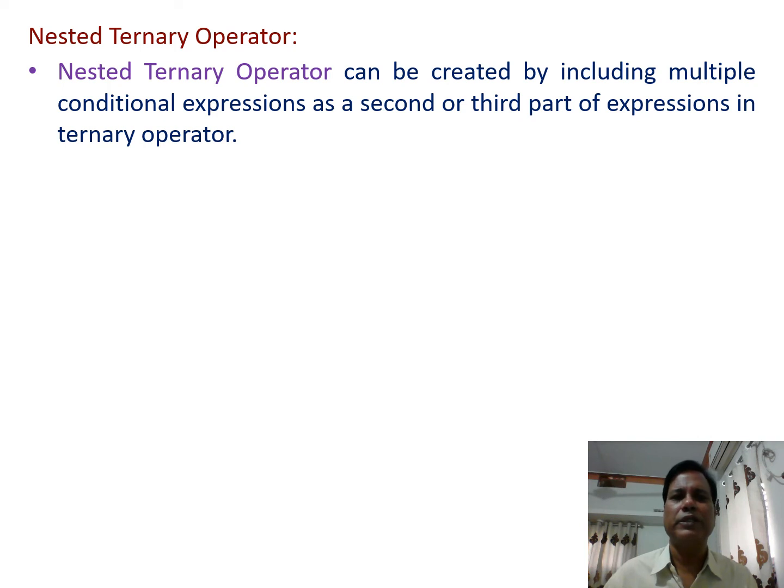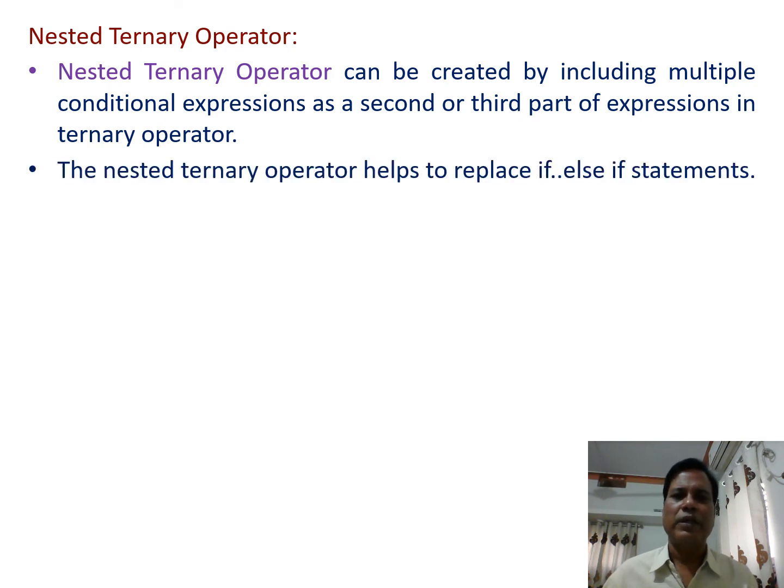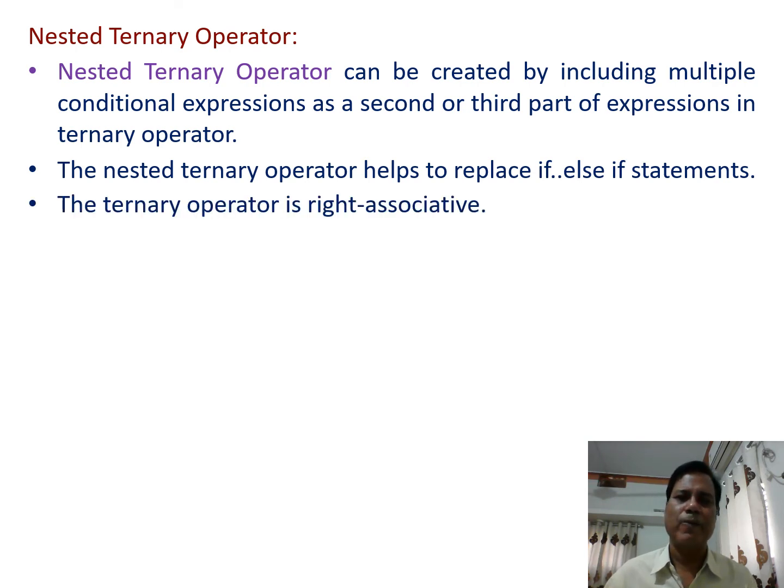So the definition: a nested ternary operator can be created by including multiple conditional expressions as the second or third part of the expression in a ternary operator. The nested ternary operator helps to replace the if else if statement. The ternary operator is right associative.